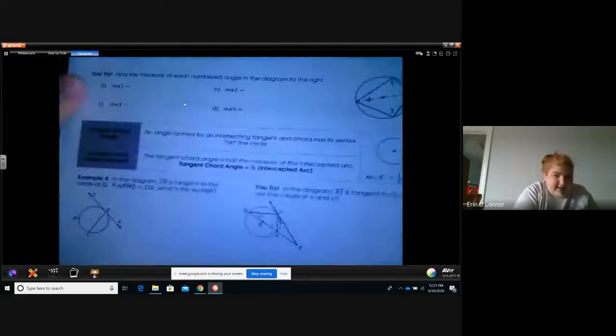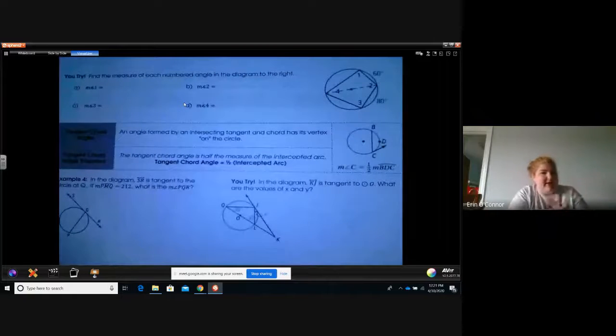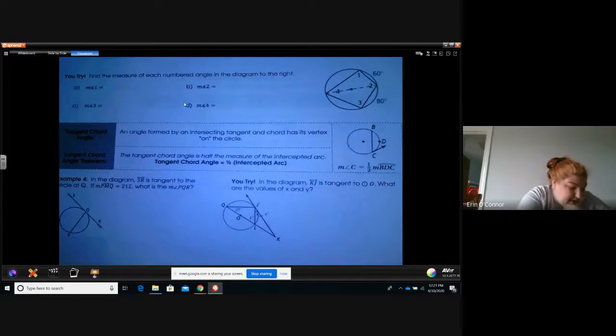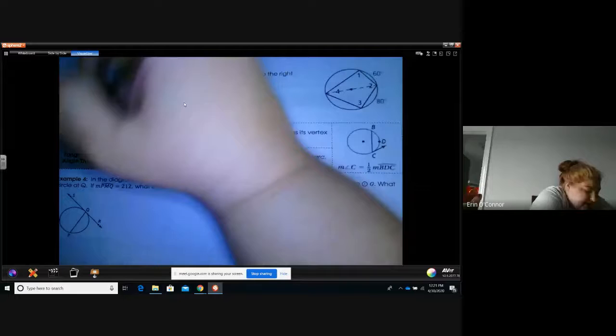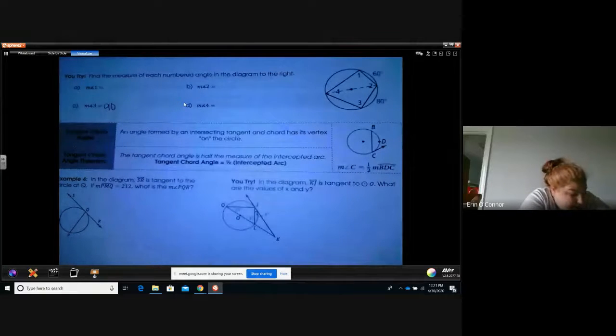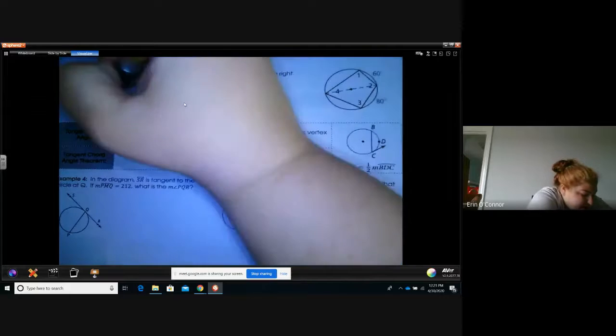Now you're going to try the next part. So I'm going to pause right now and hopefully you guys got this. All right, let's look at this. The measure of angle 3, because this is a semicircle, is going to be 90. The measure of angle 1, this is a semicircle, is going to be 90.